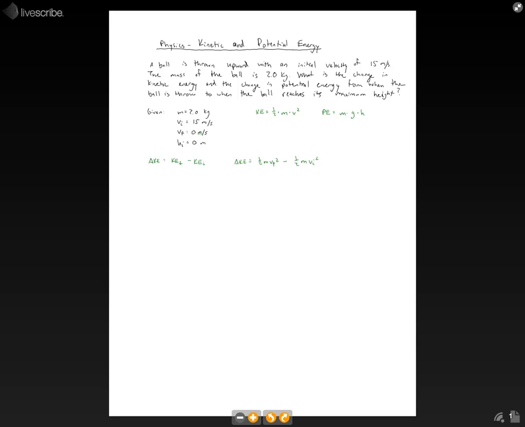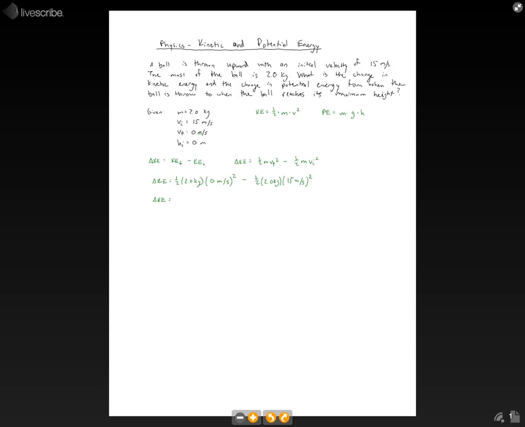So now we can go ahead and plug in our values that we know here and solve for our change in kinetic energy. And that would be 1/2 multiplied by our mass, which is 2.0 kilograms, multiplied by the final velocity squared, which is 0 meters per second, and that's squared, minus 1/2 multiplied by 2.0 kilograms multiplied by 15 meters per second, and that's squared.